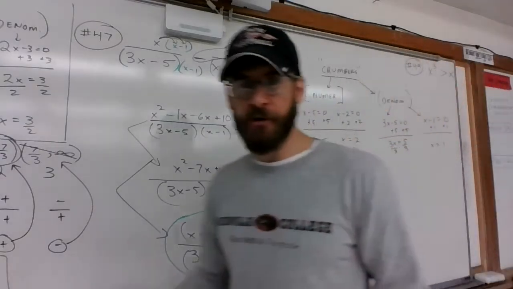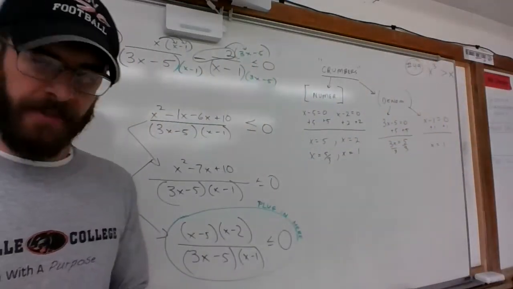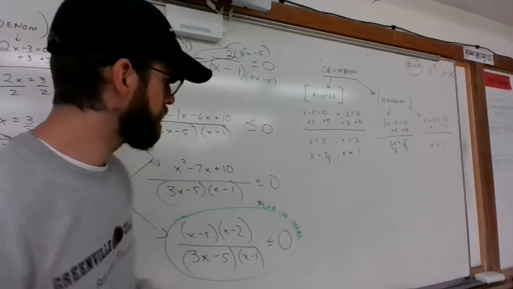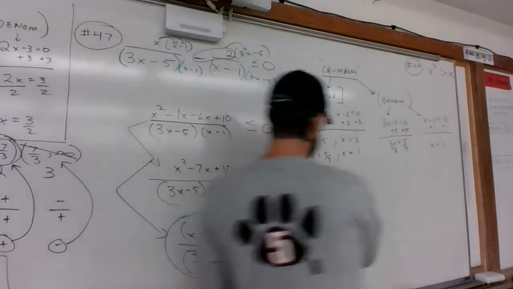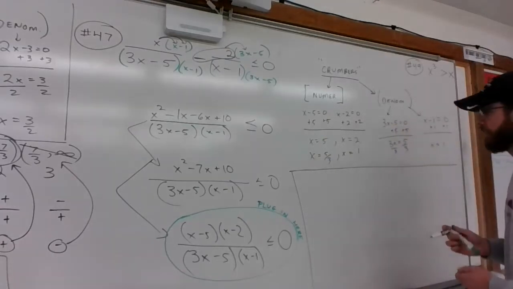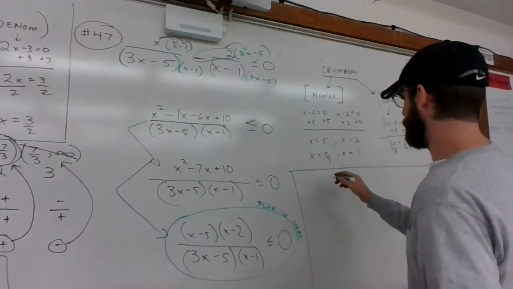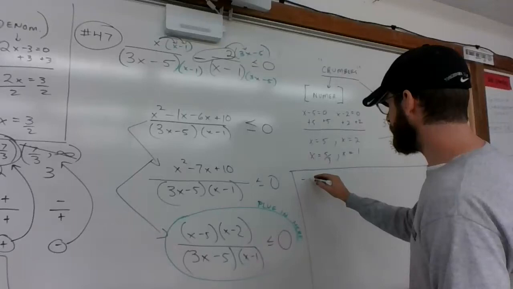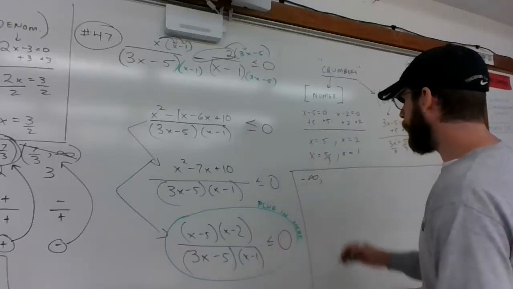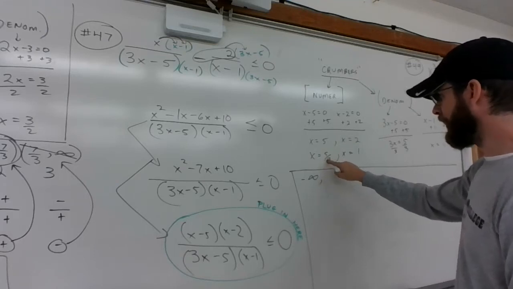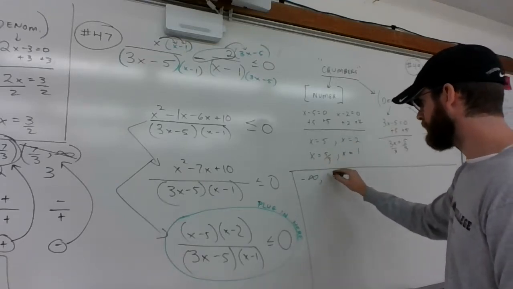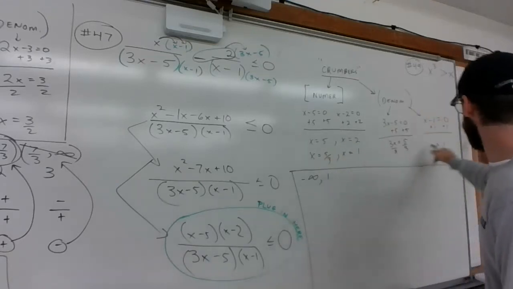So four different critical numbers creates, I think, 5 different intervals. So let's do that. Negative infinity would be our start. Now, what's the smallest number of this outfit? That's 1 2/3. So 1. Does the 1 get a bracket?